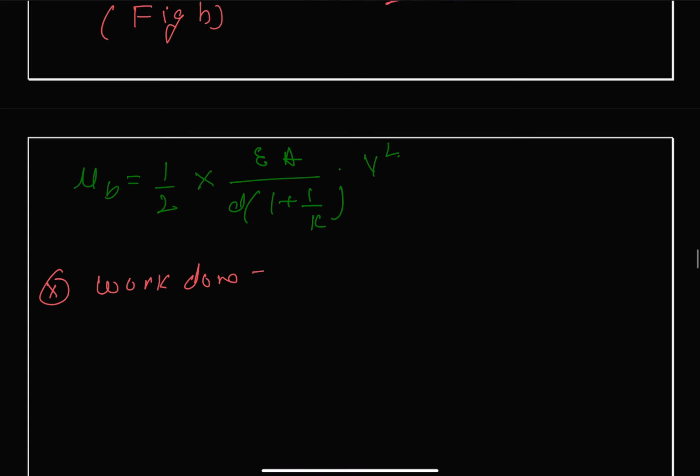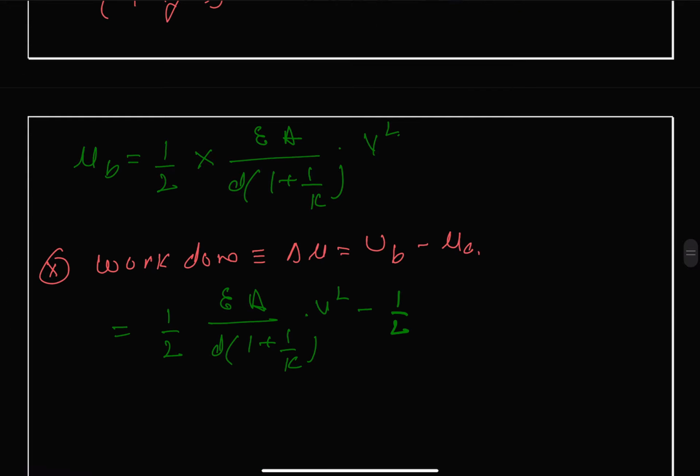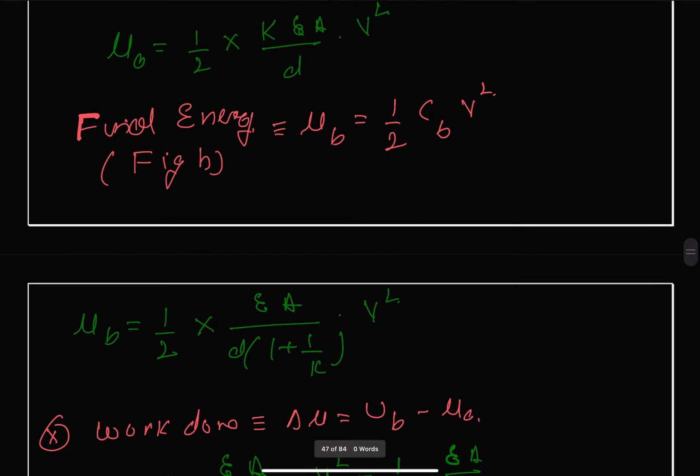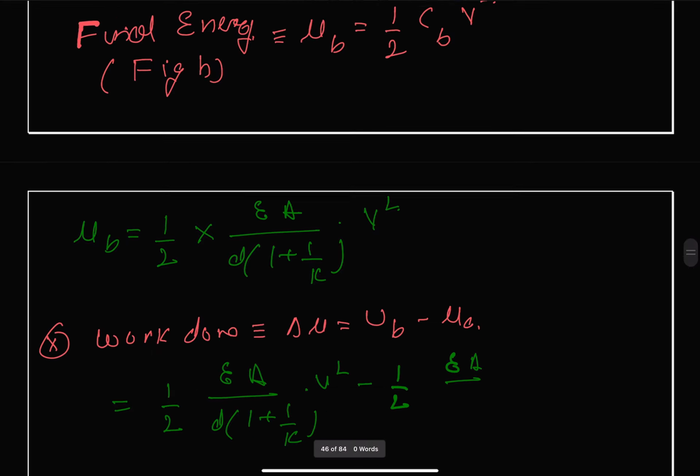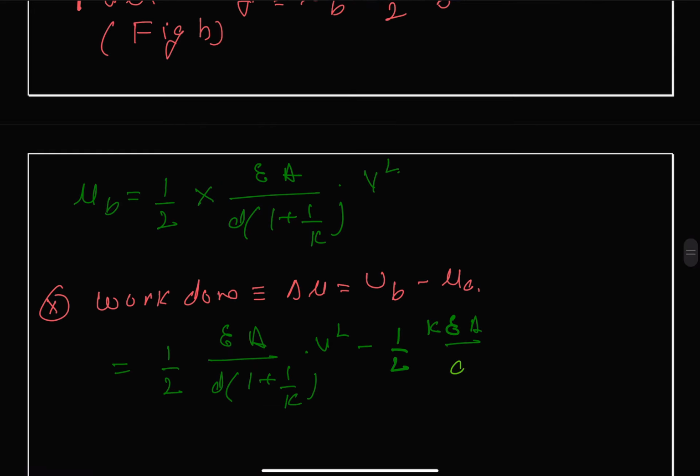Work done, that is delta U, will be equal to UB minus UA, and UB is half epsilon A D 1 upon K V square, and UA is half epsilon A, K times D multiplied by V square.